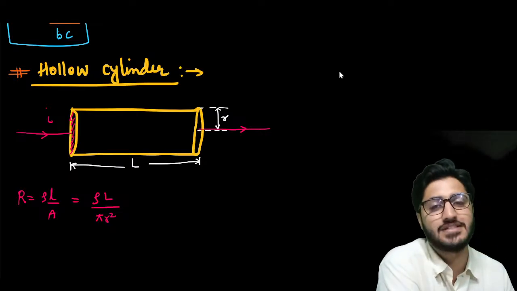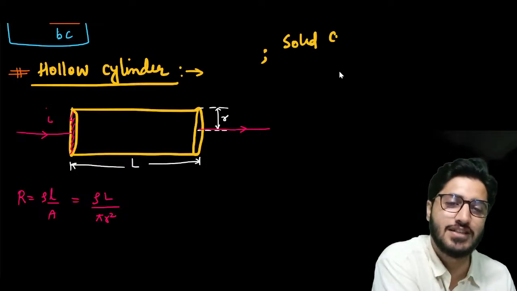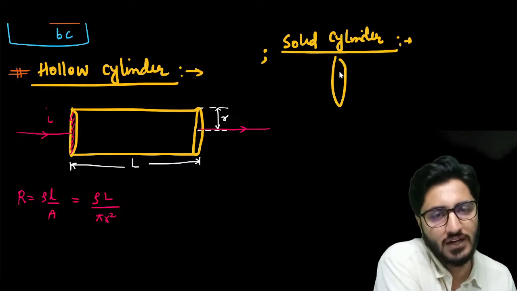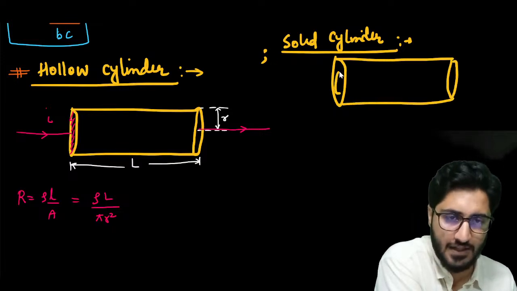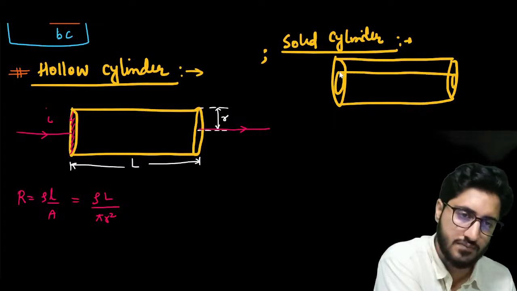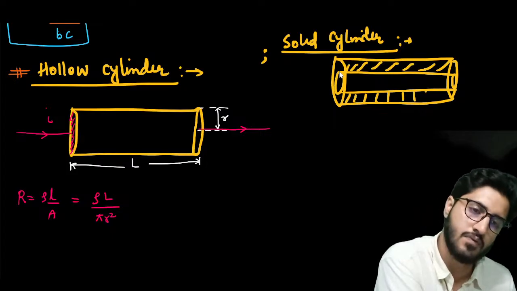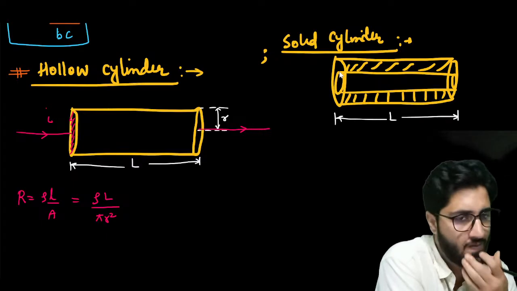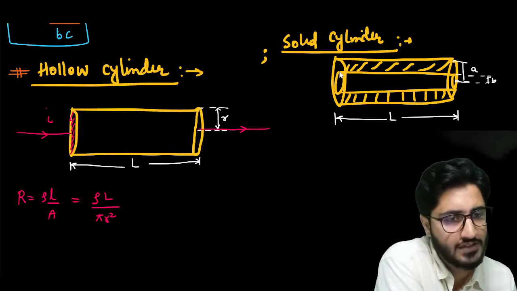Okay, one numerical from the same concept, but for a solid one. If we have a solid cylinder like this, length is L. If the radius of the big one is A and the radius of the smaller one is B, what is R?